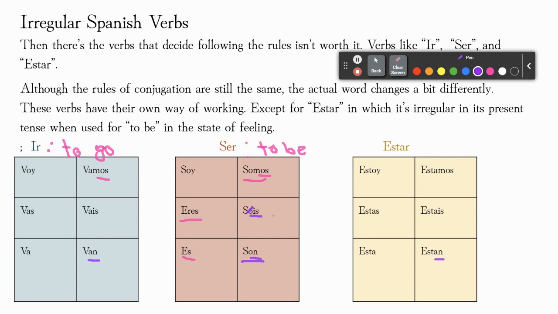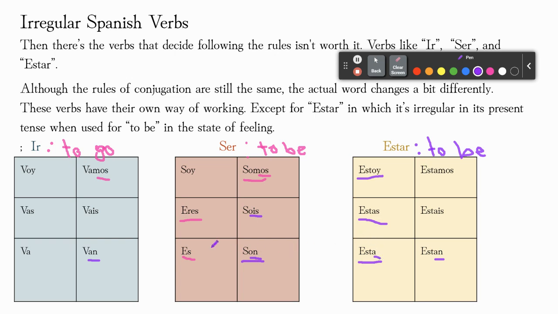Then we have estar, which also means to be, but this is usually used for the state of feeling, to be feeling something, from what I know. The yo form is estoy. The tú form is estás. The él, ella, and usted form is está.